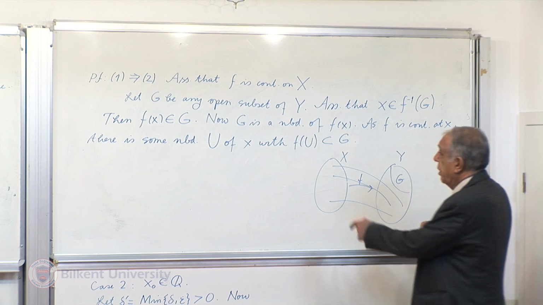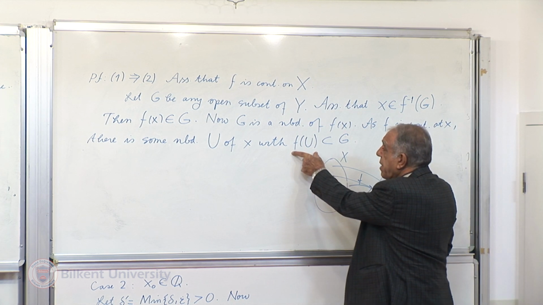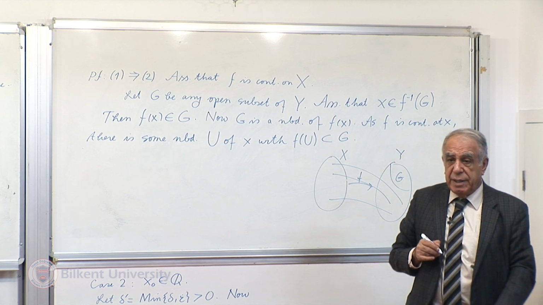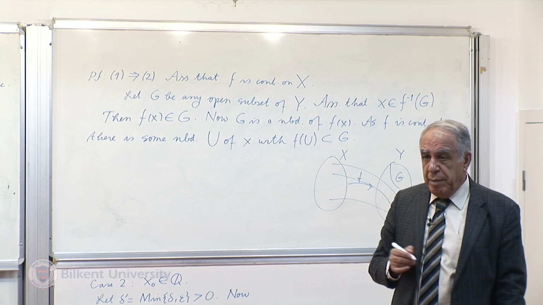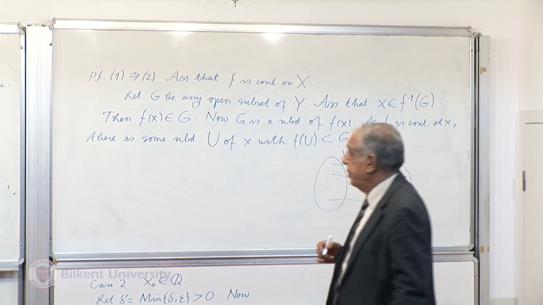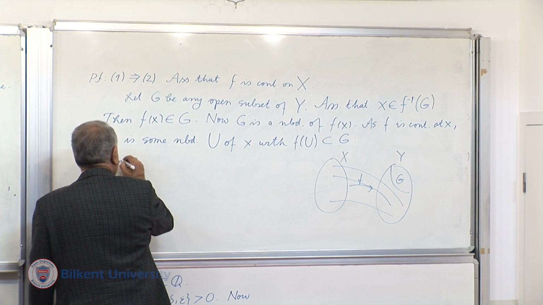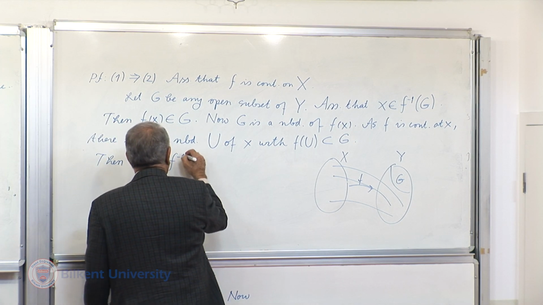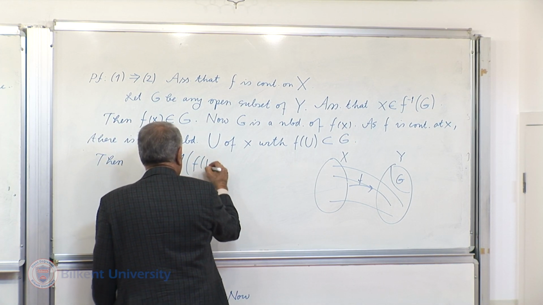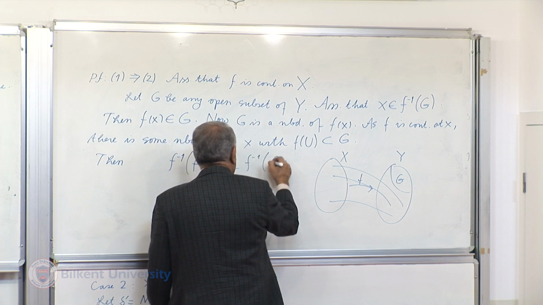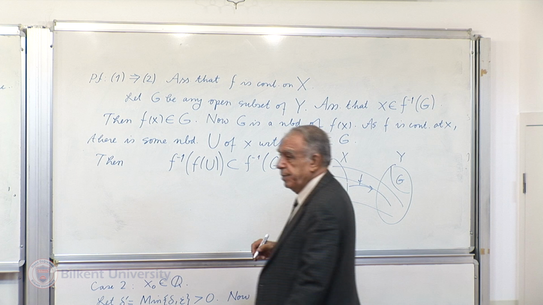But now, if I take f inverse of this set and f inverse of this set, the inclusion will be preserved. Then f inverse f of U will be contained in f inverse G.